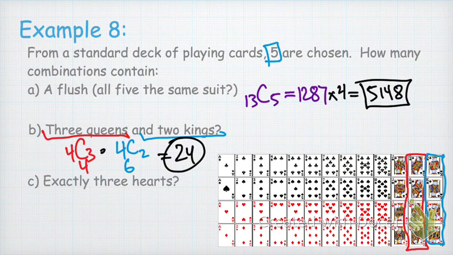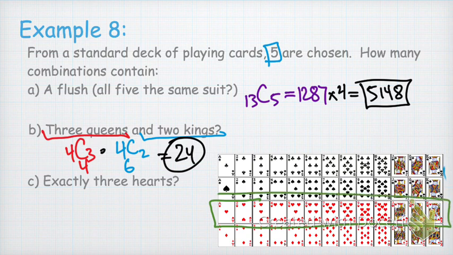All right, last question says, how many different ways are there for me to choose a hand that has exactly 3 hearts, so no more, no less. That means the other cards have to be spades or clubs or diamonds. So let's start with looking at the hearts.